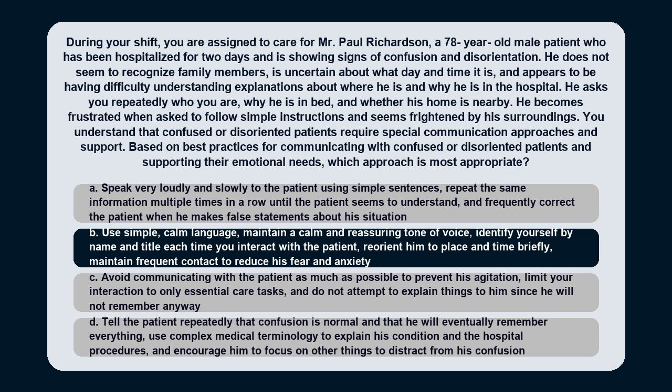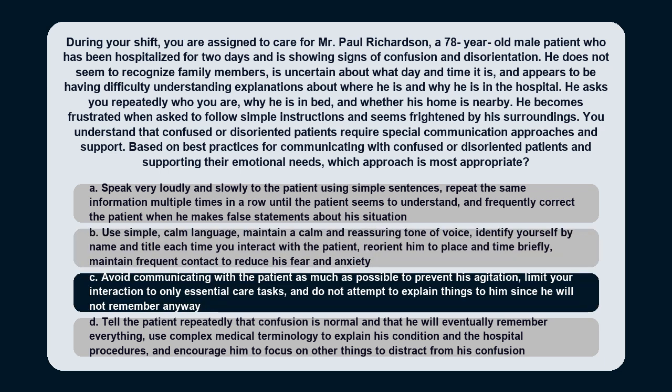Option B. Use simple, calm language, maintain a calm and reassuring tone of voice, identify yourself by name and title each time you interact with the patient, reorient him to place and time briefly. Maintain frequent contact to reduce his fear and anxiety. Option C. Avoid communicating with the patient as much as possible to prevent his agitation.